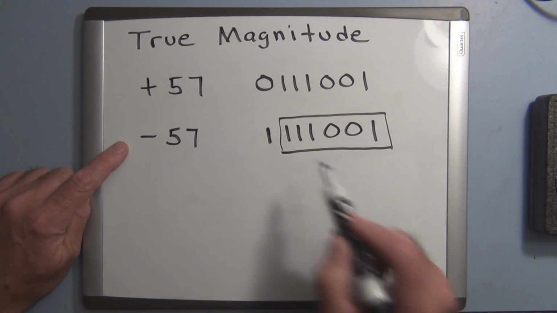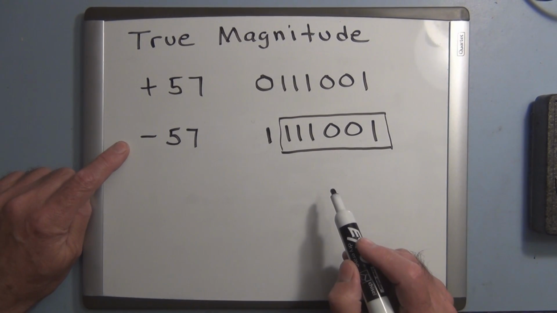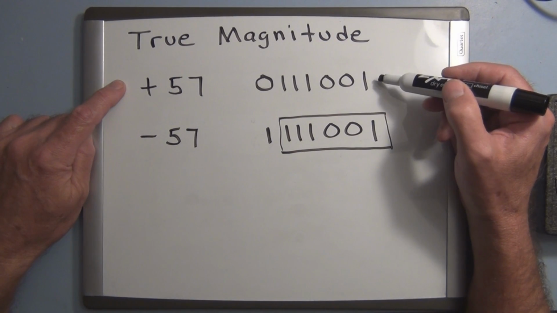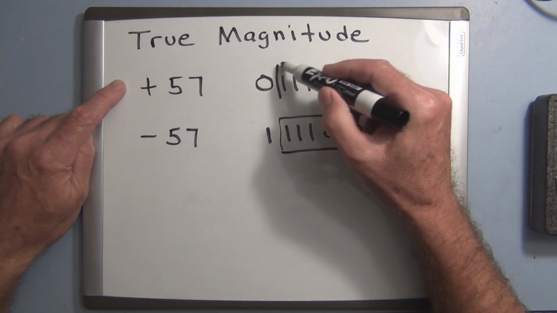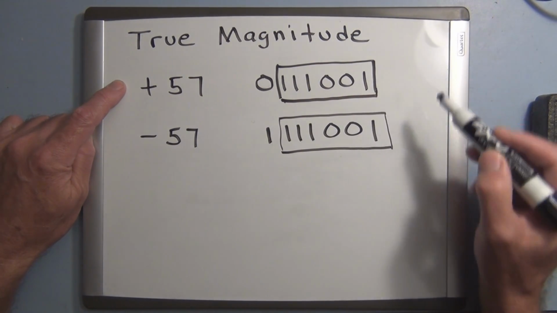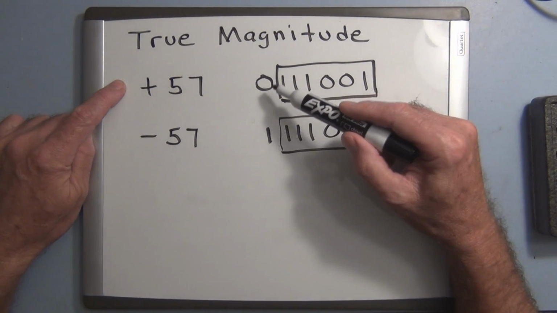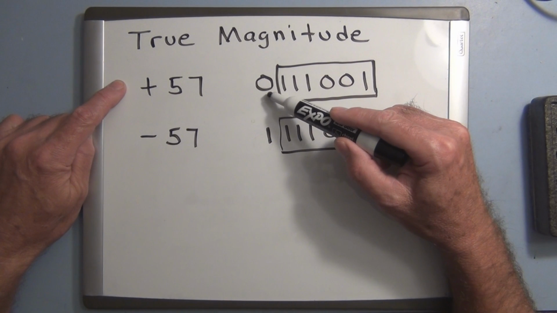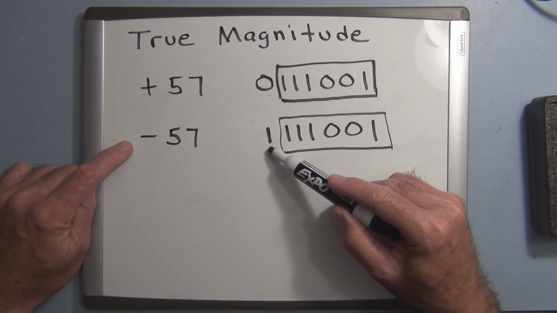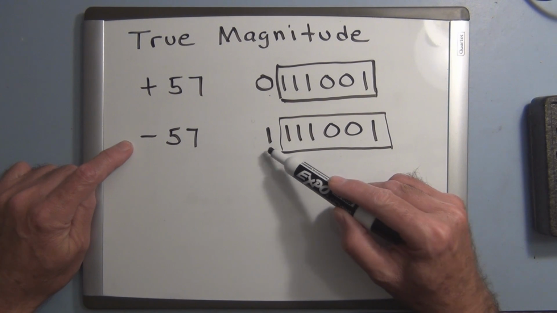We still have the sign bit, which indicates that it's a negative number, but you can see that the magnitude portion between a positive 57 and a negative 57 is the same. It's the sign bit that is telling us that this is a positive and this is minus 57.